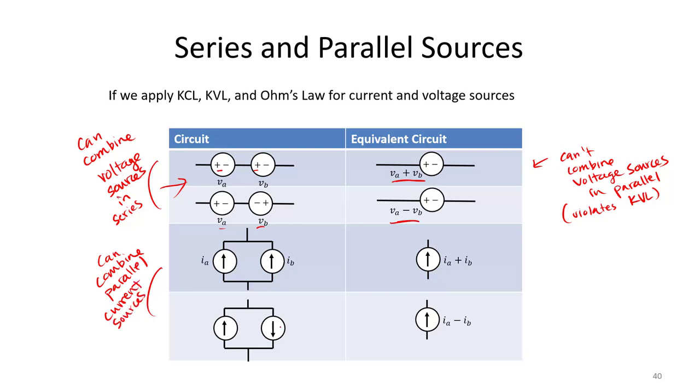Here once again we have IA and IB, and we see that if the current is going in the same direction, the current is added. Combine them together into a single source. If the current is flowing in the opposite direction, then by Kirchhoff's current law, we can subtract the opposite from the other direction.